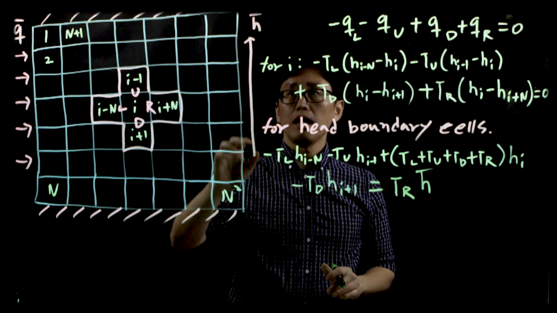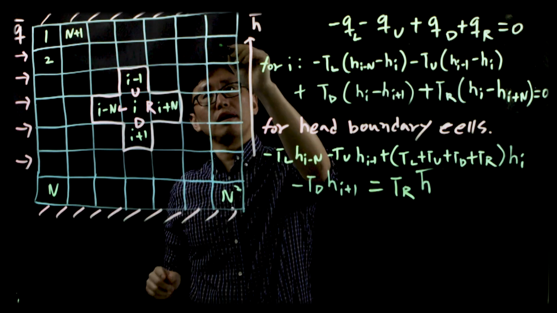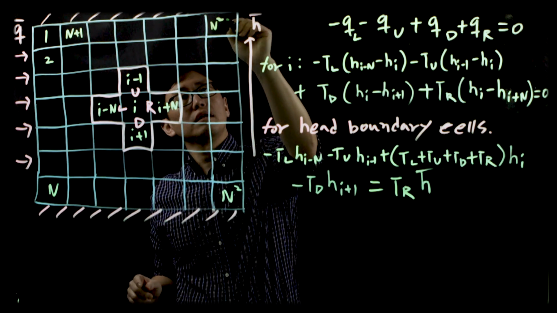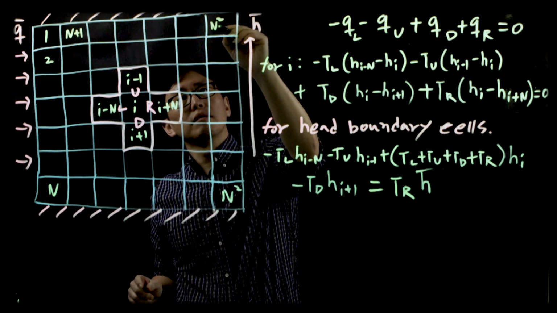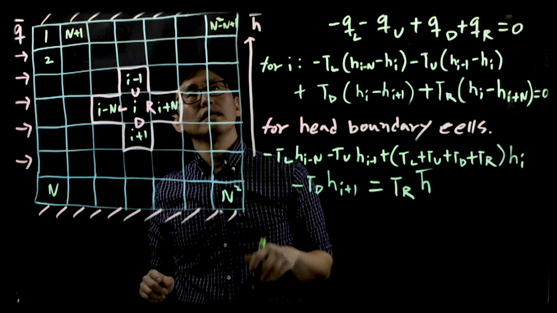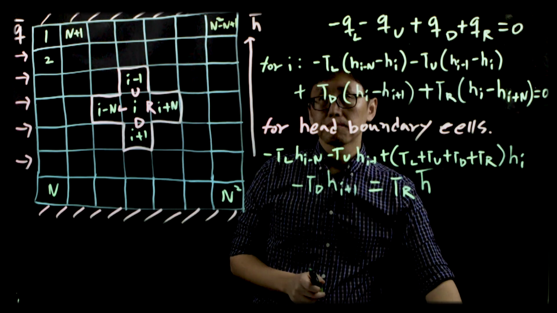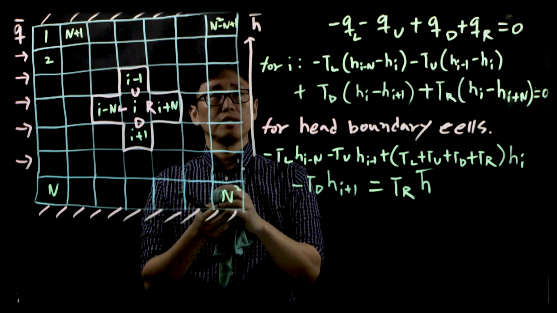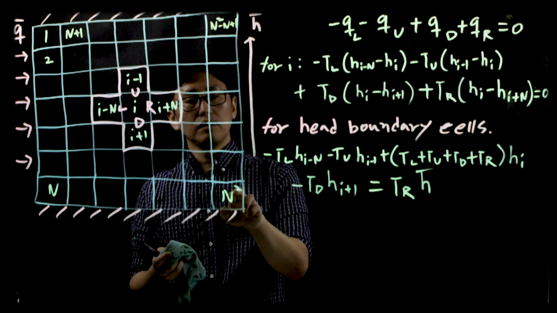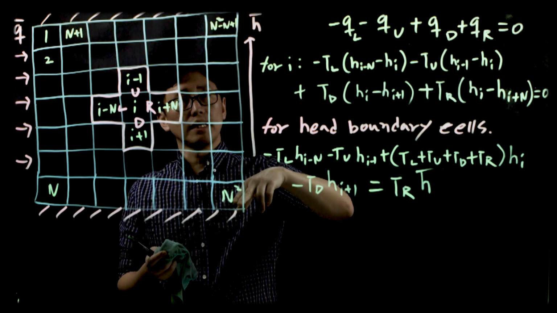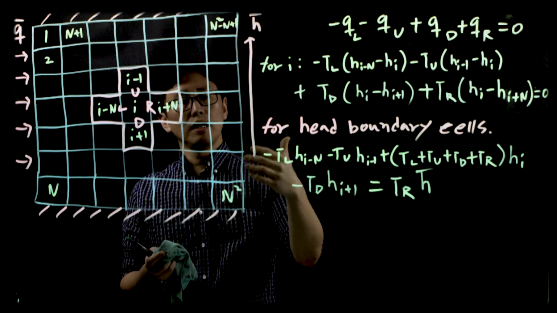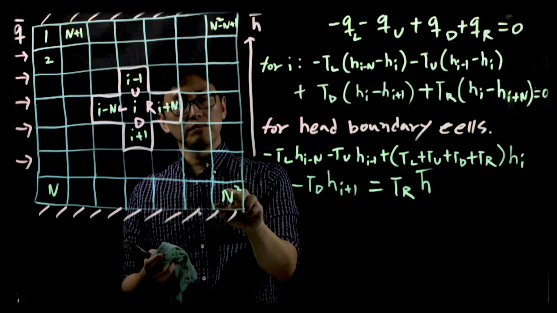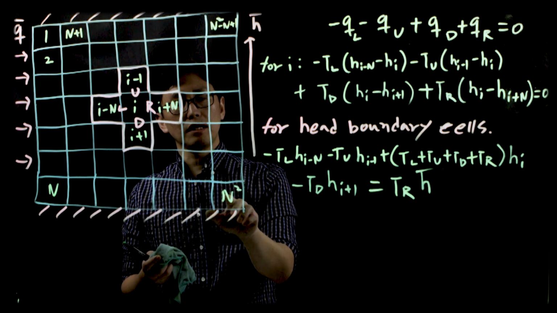But again, we have this n square and n square minus n plus 1 cell. It can be written like this because we have n grid cells, and if we deduct n from this n square, then the corresponding cell would be this one.